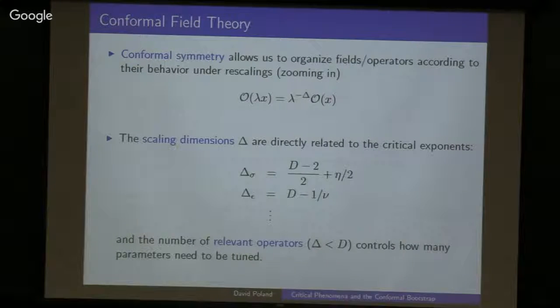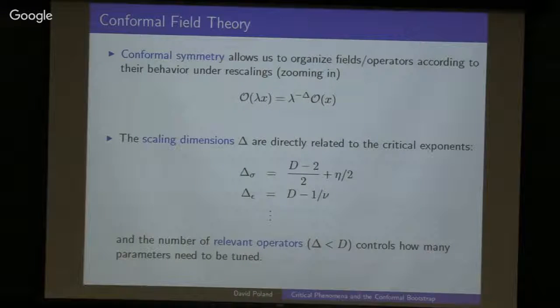In many magnets, we know that we only have to tune 1 parameter to get at the associated critical point. And in fact, the number of parameters that you need to tune to get to the critical point is in one-to-one correspondence with the number of operators in your theory with a scaling dimension smaller than the space-time dimension. Okay, so these are called relevant operators.